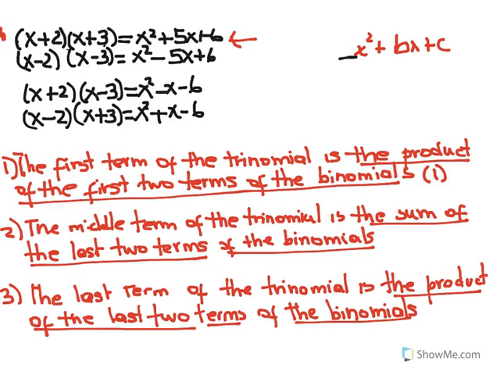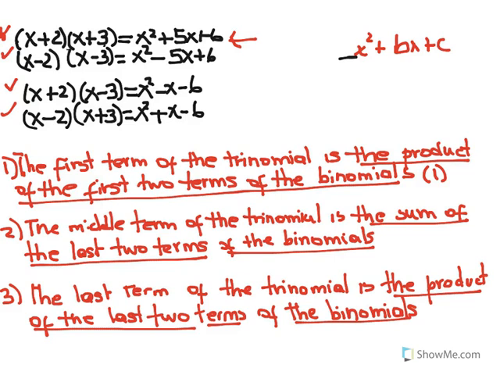Okay? If we do x minus 2 times x minus 3, we get x squared minus 5x plus 6. So what I did was I did all these products so you could see how a change in the factors brings about a change in the resulting trinomial.